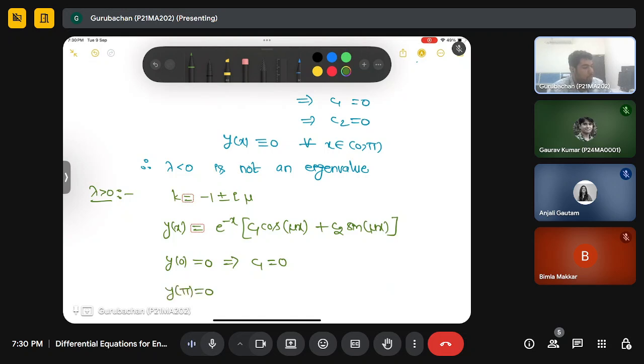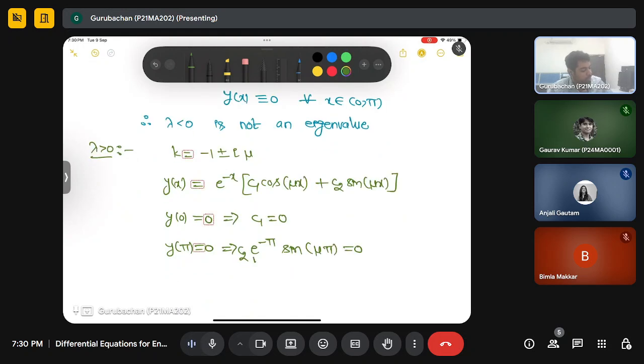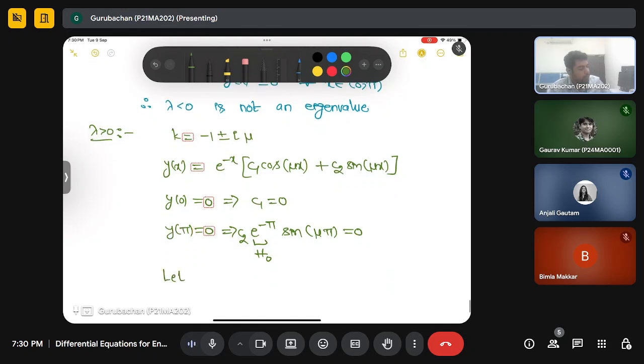So y(pi) is 0. This will give you e^(-pi). Since c1 is 0, you will be left with the factor c2 sin mu pi is 0. This quantity is non-zero, and let c2 be non-zero to get the non-trivial solution.